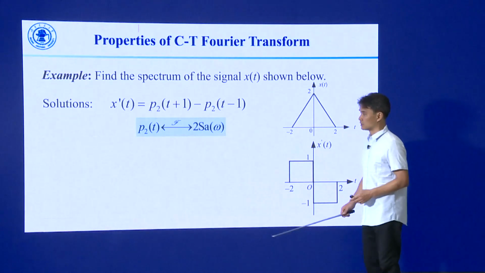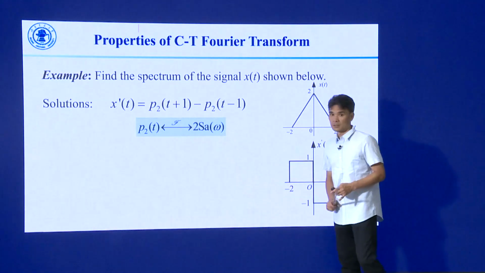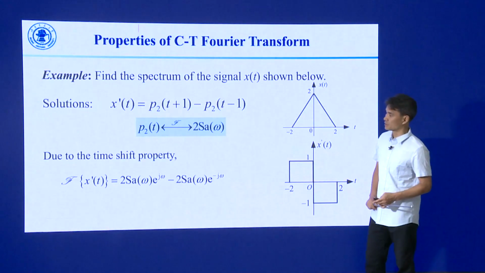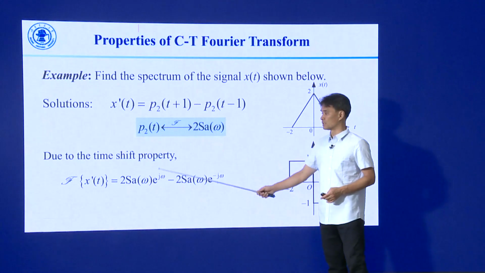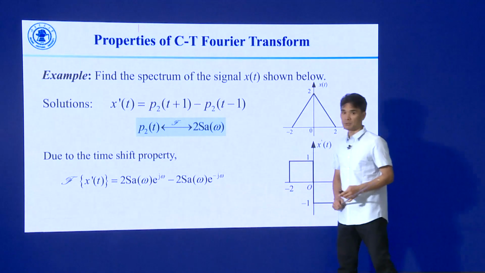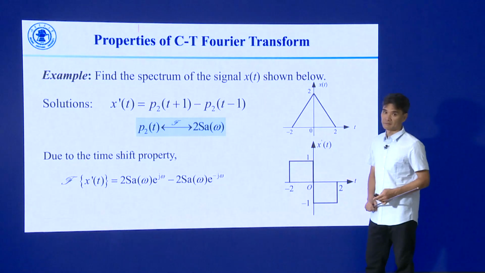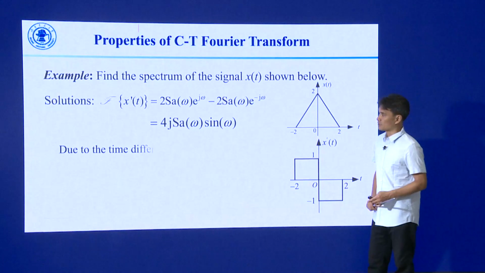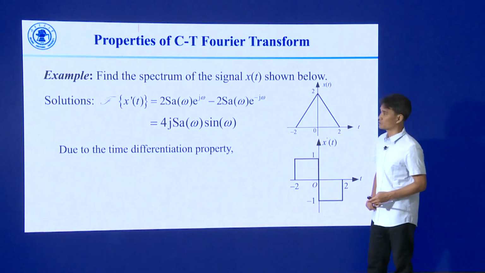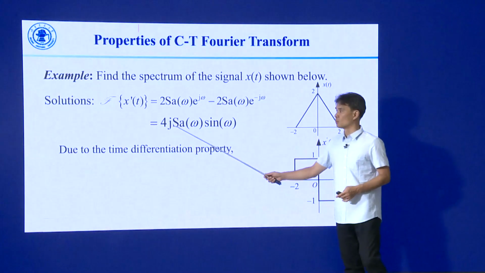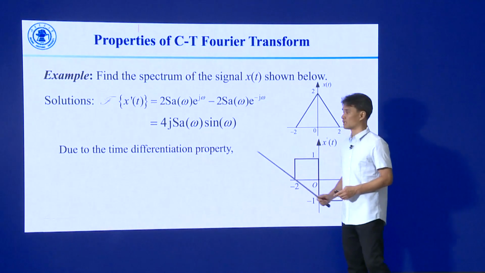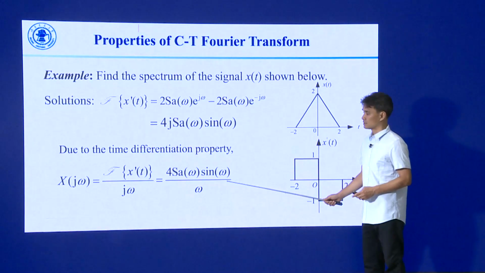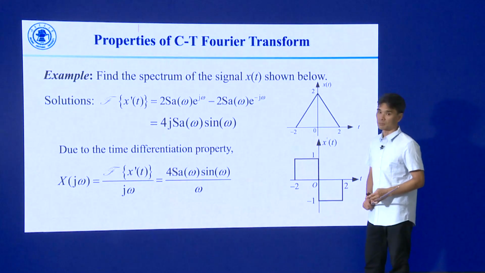We know this is a pair of Fourier transform, so the spectrum of the first derivative will become a sum of two sampling functions with phase shift. Then based on the time differentiation property, the original signal's Fourier transform will be this spectrum divided by j omega. So we get the result: 4 times the sampling function squared.